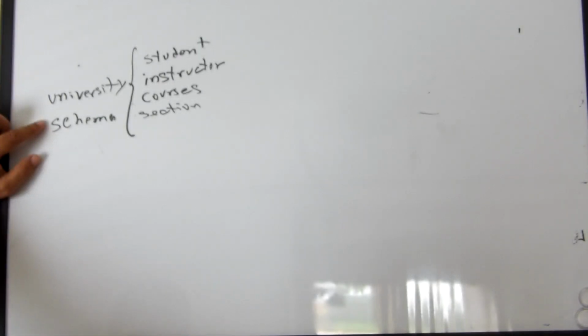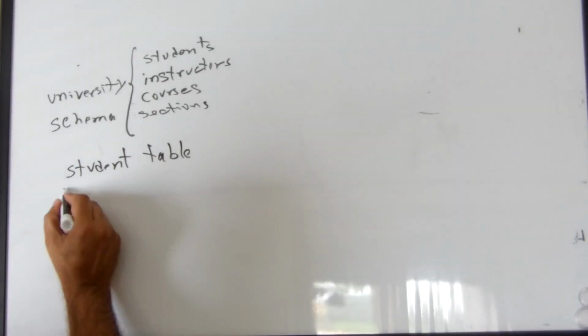For a university, you want a database that keeps track of the students, instructors, courses, sections, and all that information. Then when you want to retrieve it, like how many courses an instructor taught over the last 5 years, you can retrieve it, or you can update it, all these kinds of things.